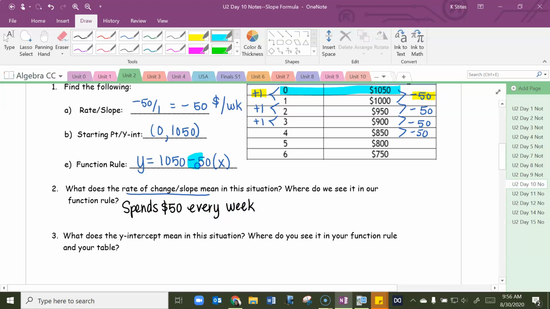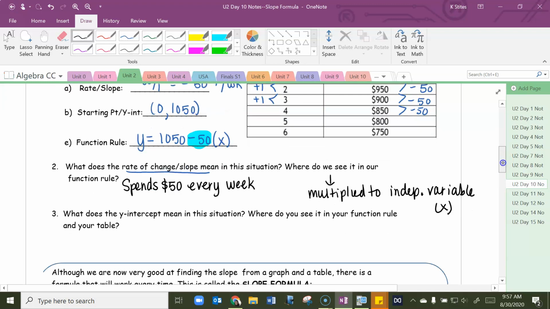We see it right here. It is multiplied to our independent variable, which in this case is x. And that will always happen. Our rate of change or slope is always multiplied to our independent variable.